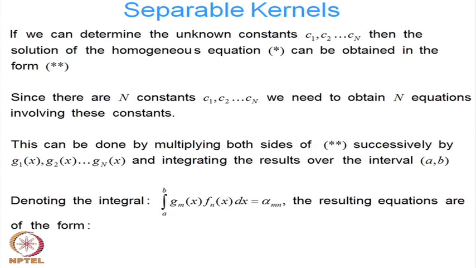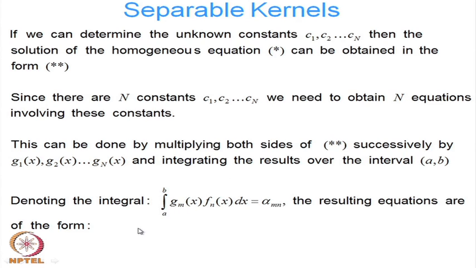So, we multiply both sides first by g1 of x, we get one equation, and then I integrate over the limits a to b. Then I multiply by g2, again integrate over the limits a to b, and in this manner I do this n times and end up with n equations. But let us first look at some notation.